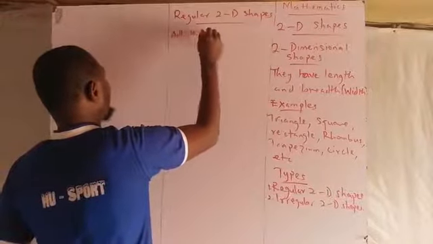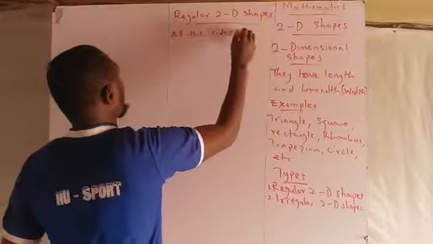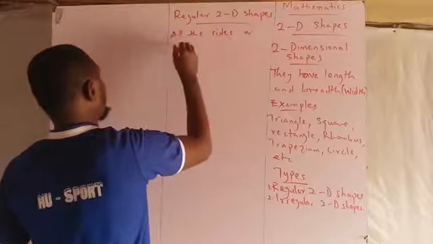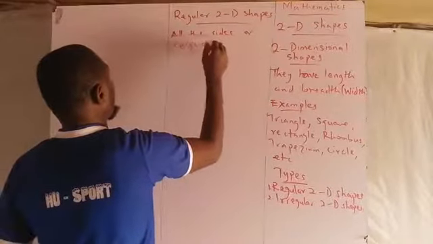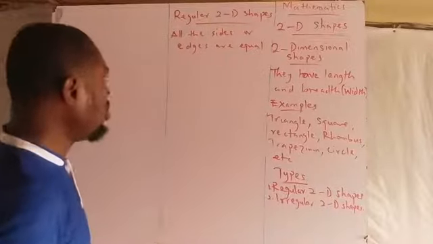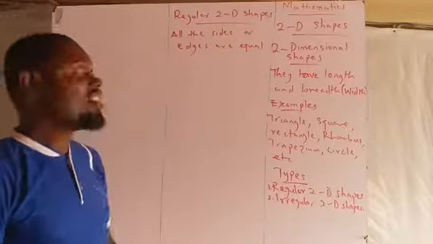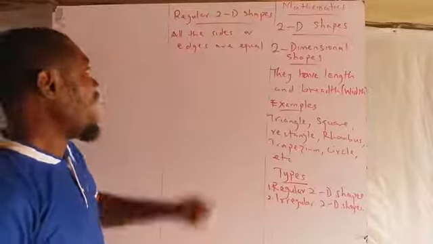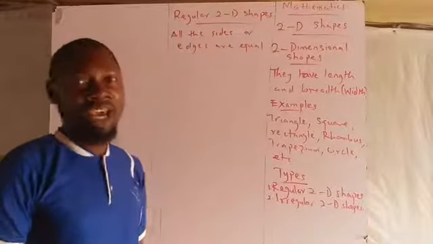All the sides or edges are equal in a two-dimensional shape that is regular.